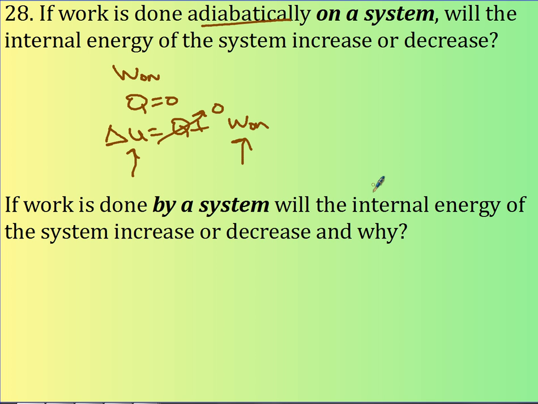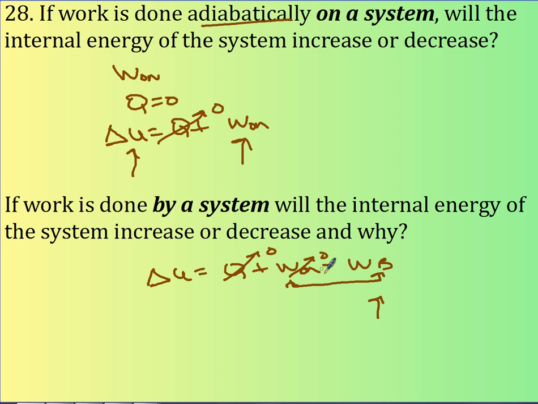If work is done by a system, will it increase or decrease, and why? Well, delta U is Q plus the work done on minus the work done by. Remember, this is my formula. This isn't everyone else's. Now let's see. If there's work done by, that assumes there is no work done on, and it's adiabatic, so the heat is 0.